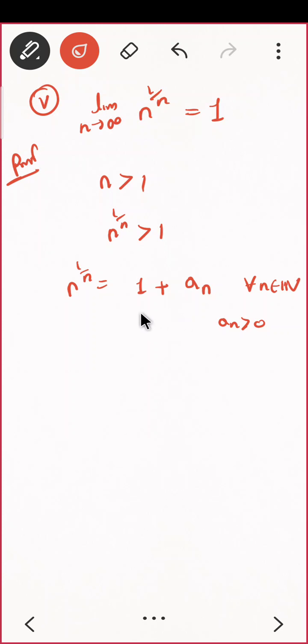So what next? N raised to 1 by n. Taking nth power on both sides, you will have n equal to 1 plus e n, whole raised to n. And you know what next we are going to do? We are going to apply the binomial expansion on this.